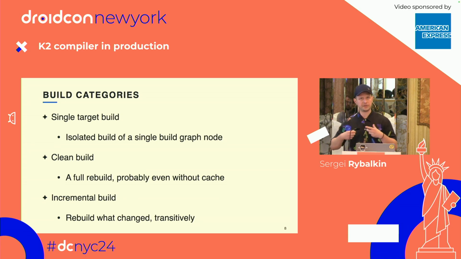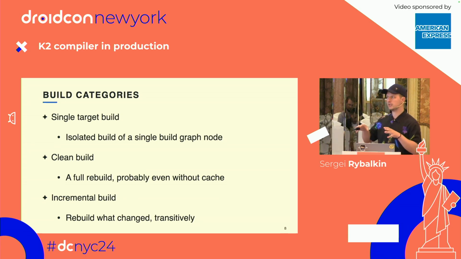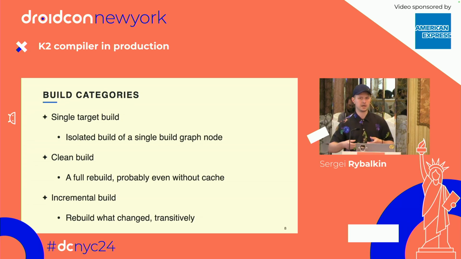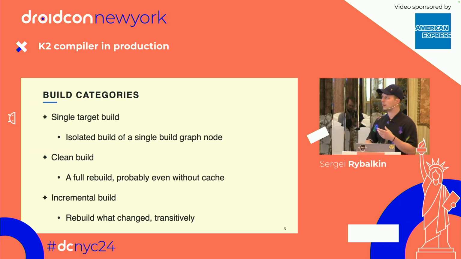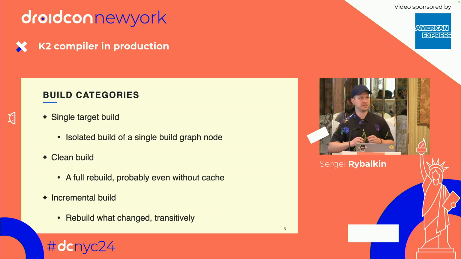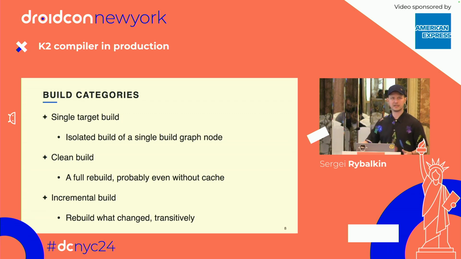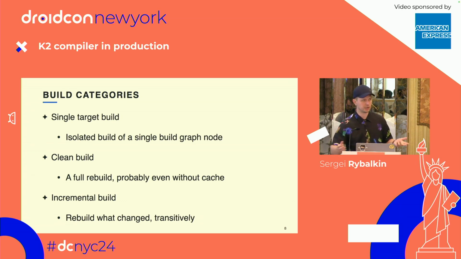Then the only thing we need is to rebuild the code we changed and then transitively rebuild the dependencies. The definition of a quick incremental build is to rebuild as few of the transitive dependencies as we can, but still maintain the quality of the build, meaning it should still be reliable and actually work, right?